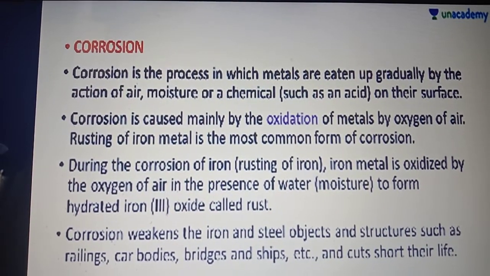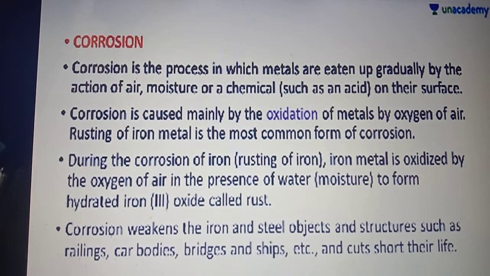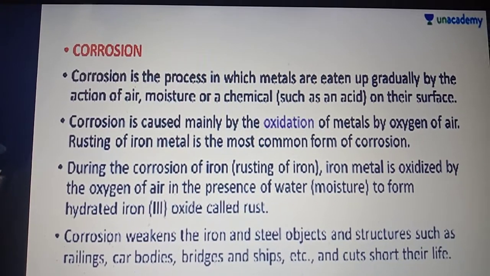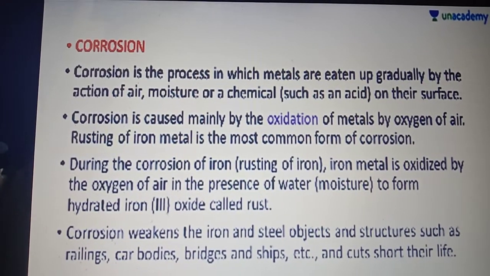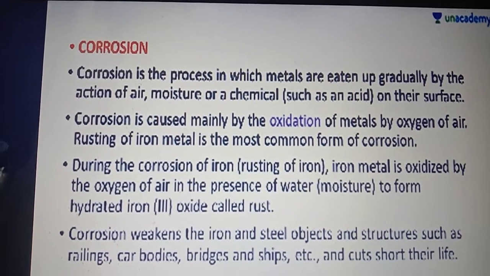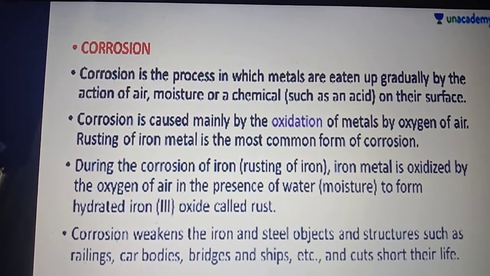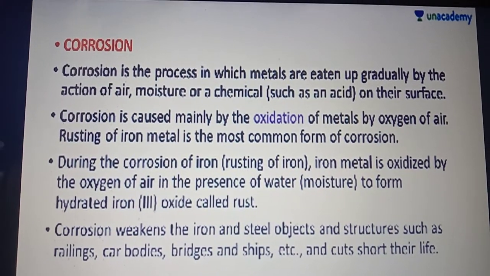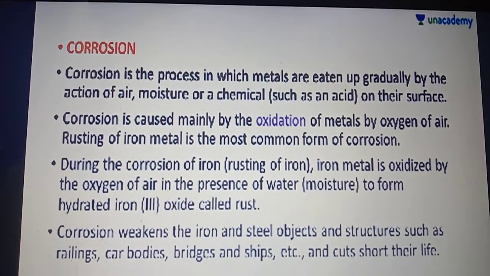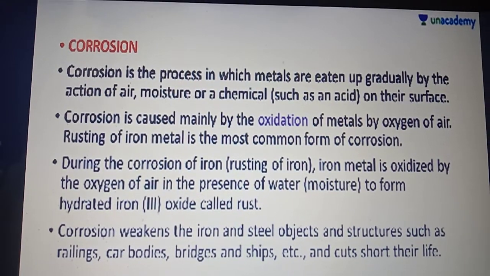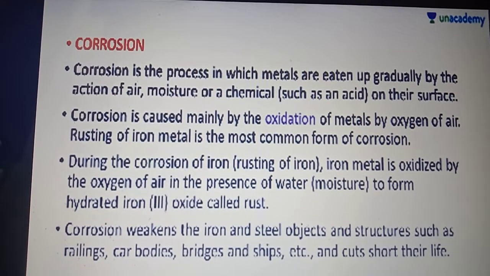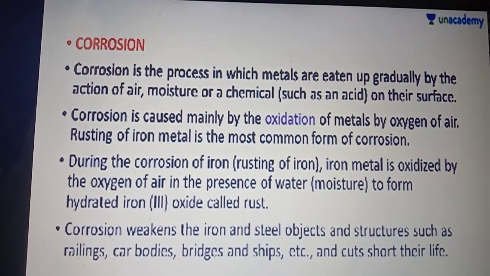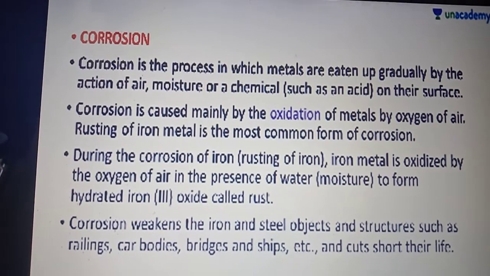So, basically, it is due to oxidation, that is, by the reaction of oxygen, or when the metal surface reacts with oxygen present in air. During the corrosion of iron, that is rusting of iron, the metal is oxidized by the oxygen of air in the presence of water to form hydrated iron 3 oxide called rust.